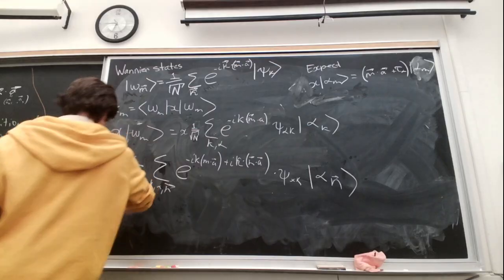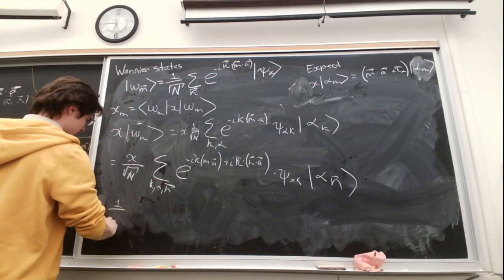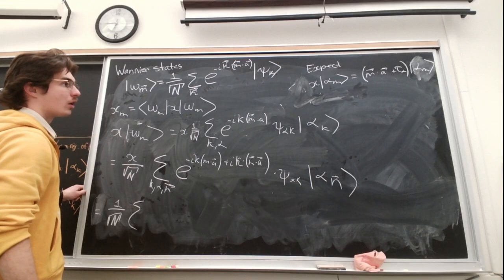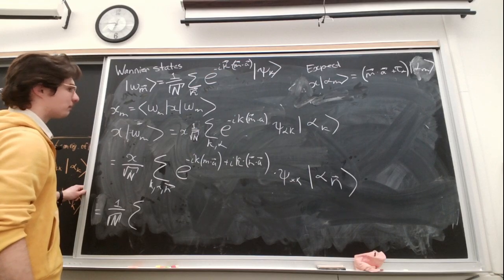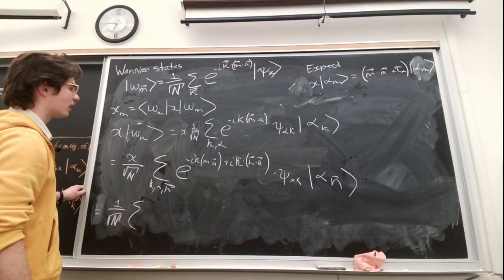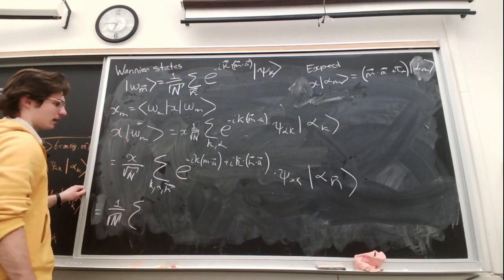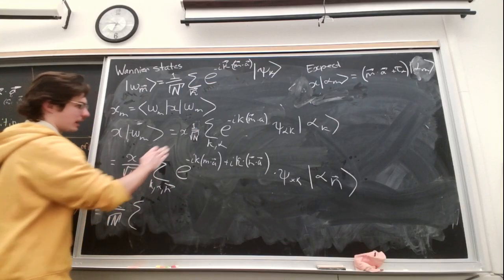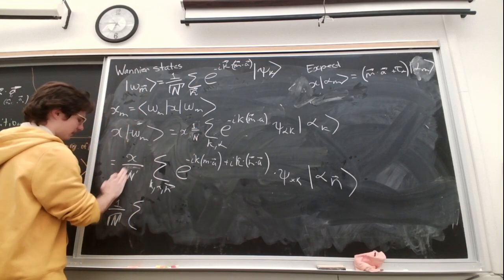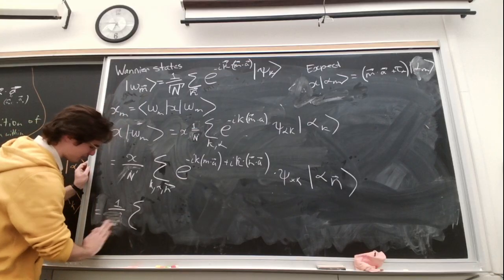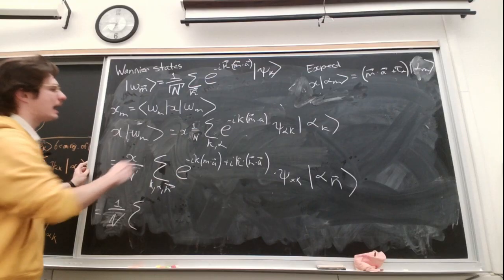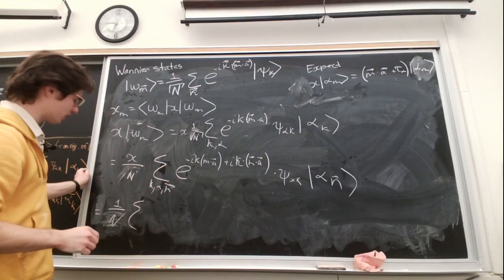Okay? Shouldn't it be 1 over n, not root n? Did you get another 1 over root n? Yeah, that sounds right. It will work out in the end. Okay, I agree with you. In your first line it is roots, but then because you're going from alpha k to alpha n. That's right. Okay, good.